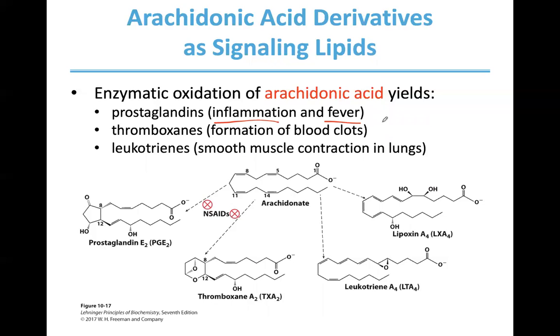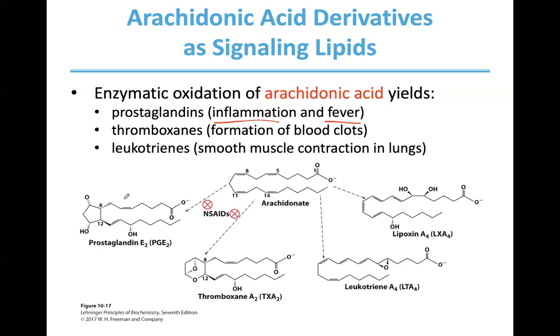So the way fever works in the body, the way your temperature rises, is through the initial reactions performed on one of the lipids, one of the fatty acids in cell membranes, arachidonic acid, that goes to prostaglandins. These have receptors.